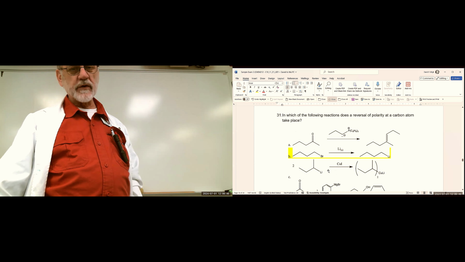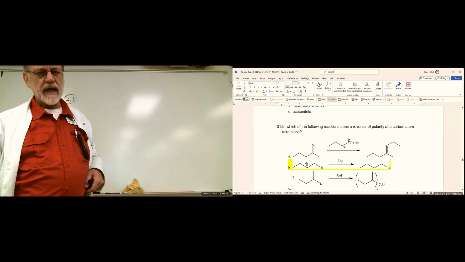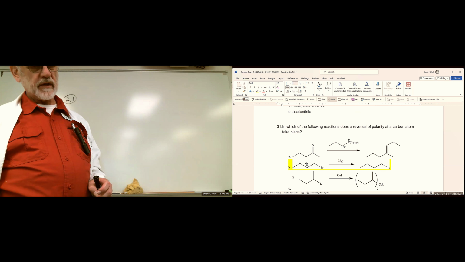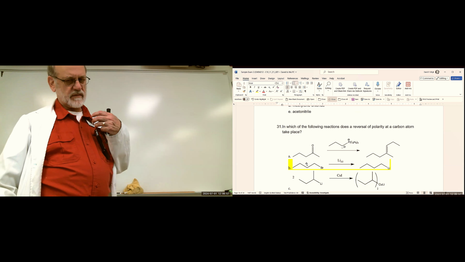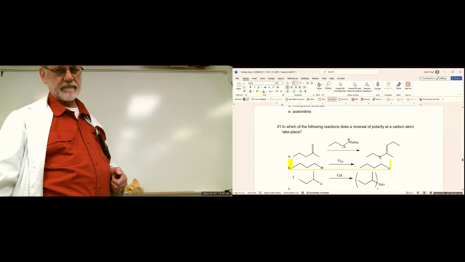Right. The only one that reversed its polarity was B, when we put that lithium in there. And what it doesn't show you is that the bromine is still around. Only the bromine is technically separate from the lithium compound.